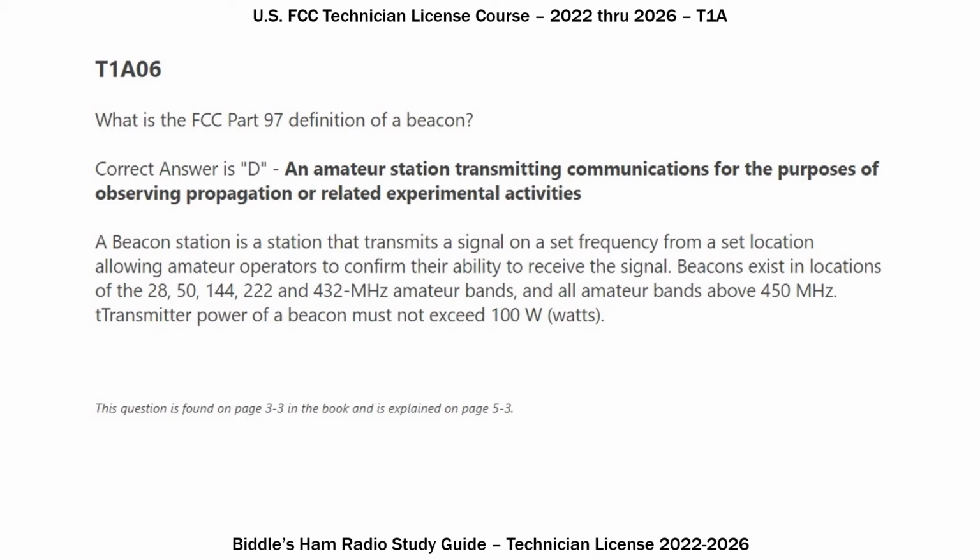Transmitter power of a beacon must not exceed 100 watts. So basically a beacon helps you identify if you're able to pick up a signal or not. If you're able to hear it and you know that the beacon has been published with an established location, then you'll know what your distance is from that beacon.